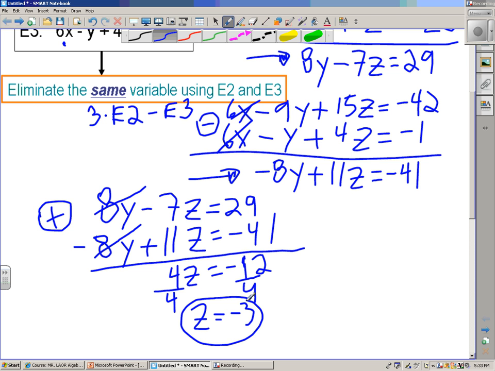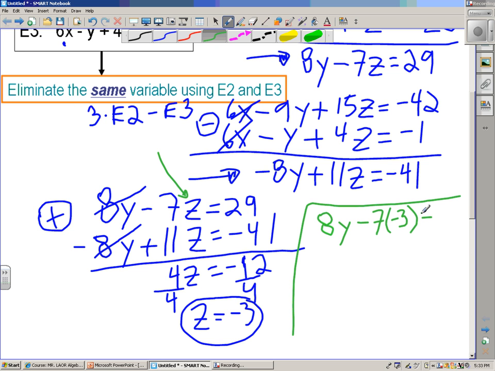Now I'll use the fact that z is -3, and I'll plug it right in here, and I'll be able to solve for y. So let me continue that over here. I know that 8y minus 7 times -3 is equal to 29. So this says 8y plus 21 is equal to 29.